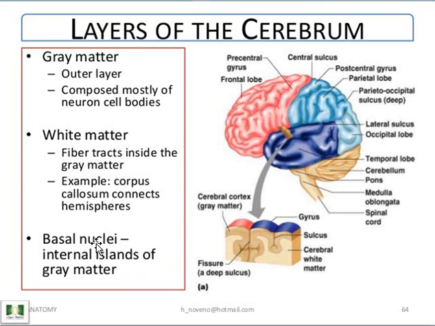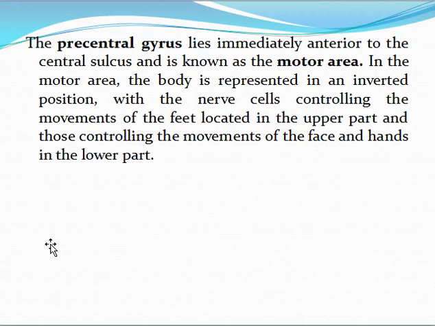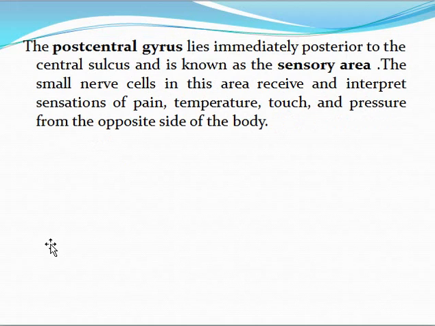In addition, another part of the cerebrum is the two lateral ventricles. So, the parts of the cerebrum are gray matter, white matter, basal ganglia, and in addition the two ventricles named the lateral ventricles.